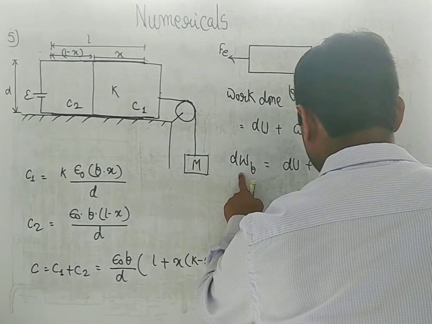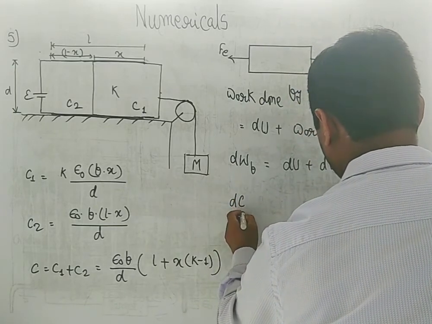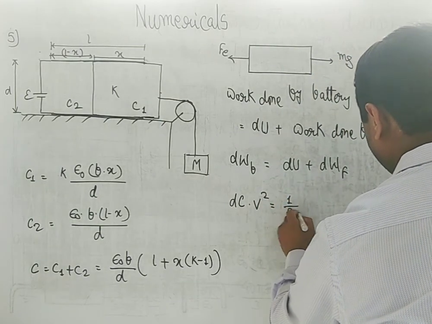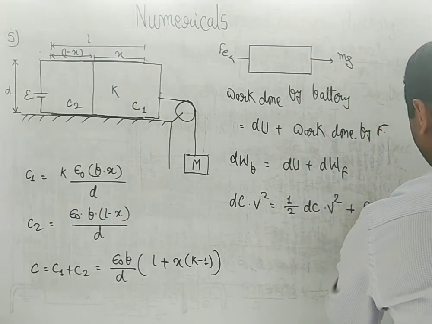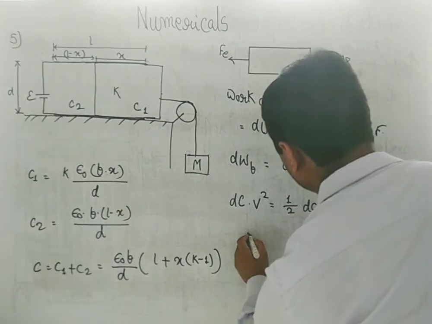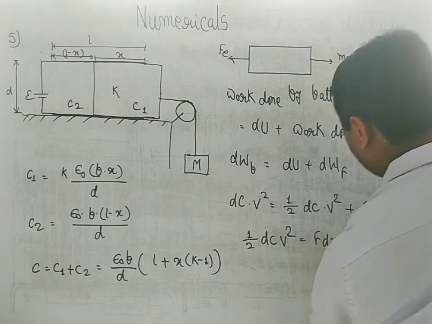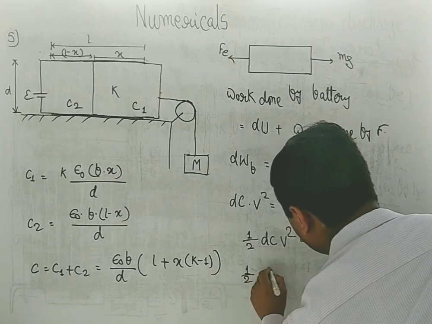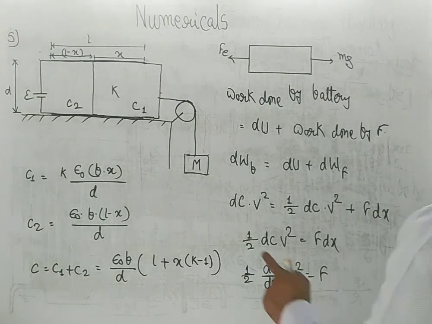Now dWB will be equal to dC, the small change in capacitance, into V square, and this will be equal to half dC into V square plus F into dx. Now just transposing this term, we have half dC into V square equal to F dx. Now we can talk of F. So half dC upon dx into V square is equal to F, and C is this thing.